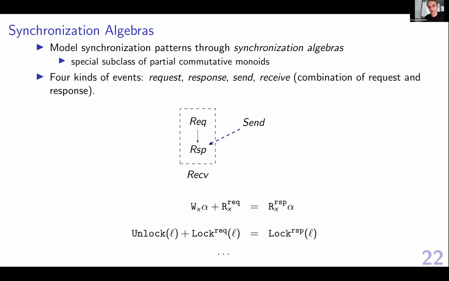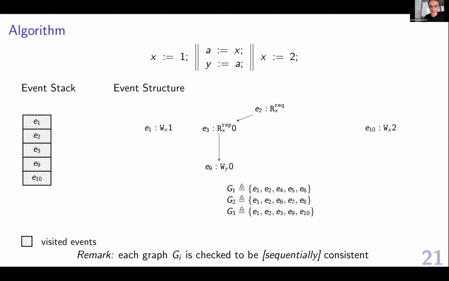Then the algorithm can work in this abstract way: whenever we add an event to the graph, we don't need to check different cases, like going through all read events if it's a write event to add various read-from options. Basically, the algorithm says that whenever we add an event, we go through all other events that can potentially synchronize with it according to the rules of the synchronization algebra and try to synchronize.